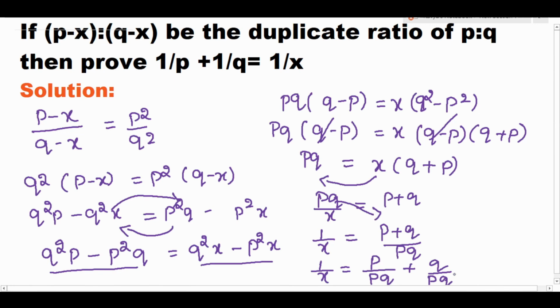I've just split the denominator across the numerator. So you can see here P gets cancelled with a P and Q gets cancelled with a Q. So what remains now? I get 1 over X is equal to 1 by Q plus 1 by P. That is 1 by P plus 1 by Q is equal to 1 by X.